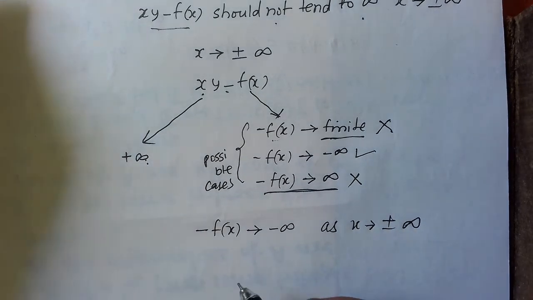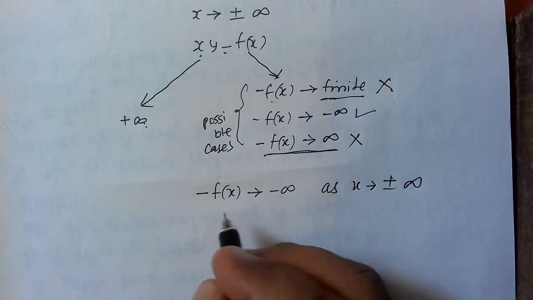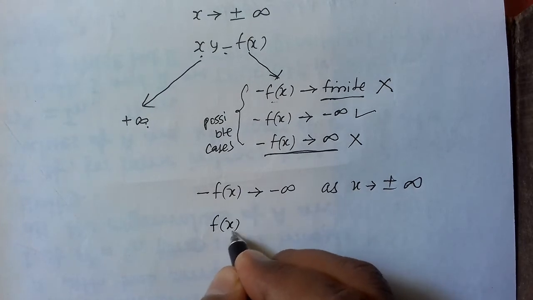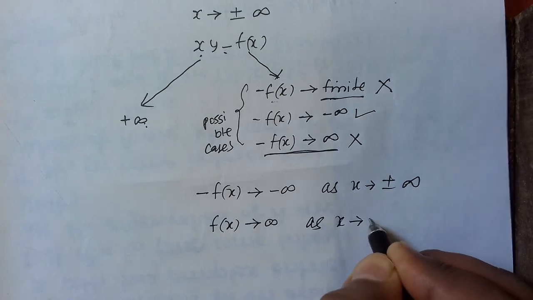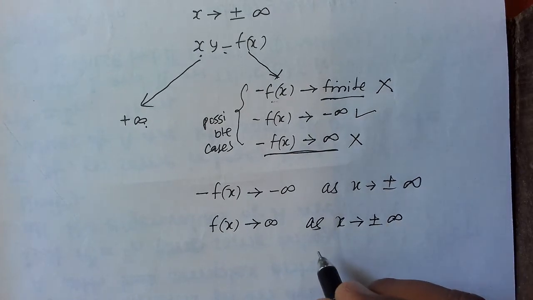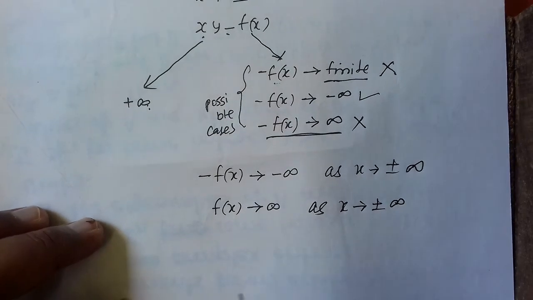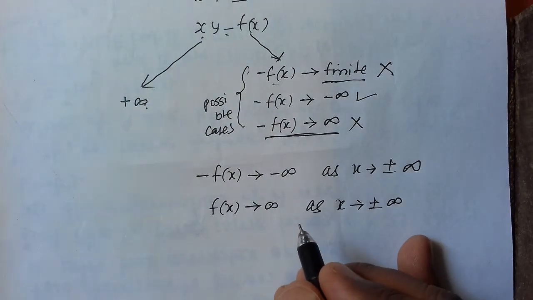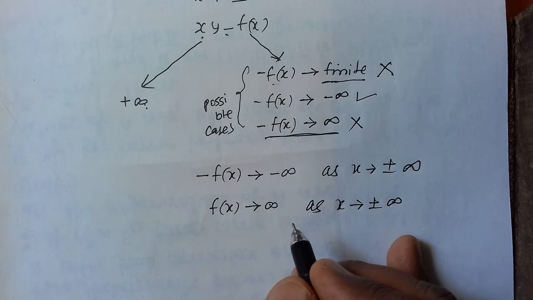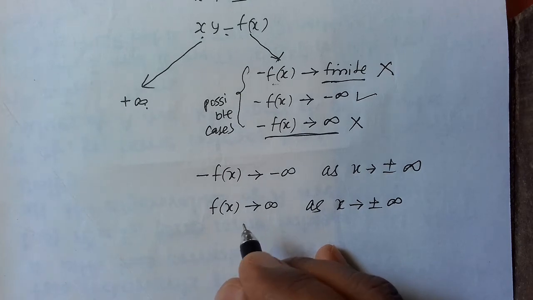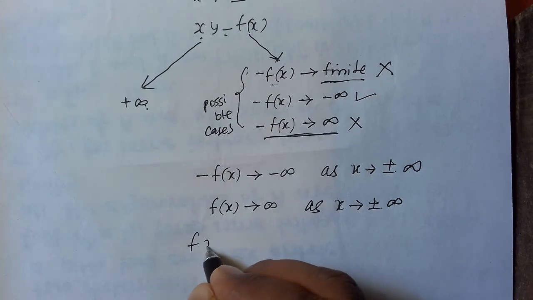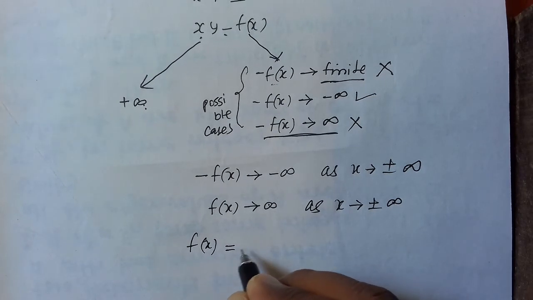as x tends to plus or minus infinity. If you remove the minus sign from both sides, then f(x) tends to infinity as x tends to plus or minus infinity. Now if you imagine various types of functions, you will get only one such type of function, that is polynomial functions. And you have to take this polynomial function f(x) as I write here.